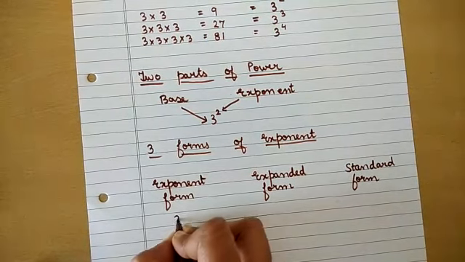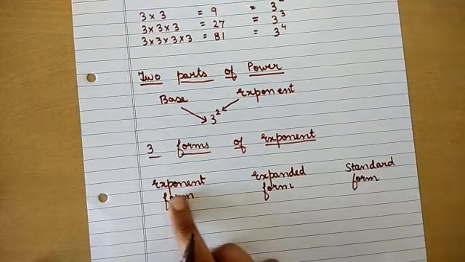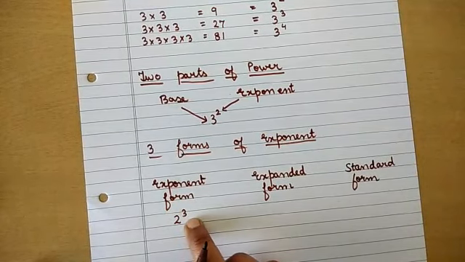So for example, 2 raised to 3. 2 is the base, 3 is the exponent. So it is written in exponent form.